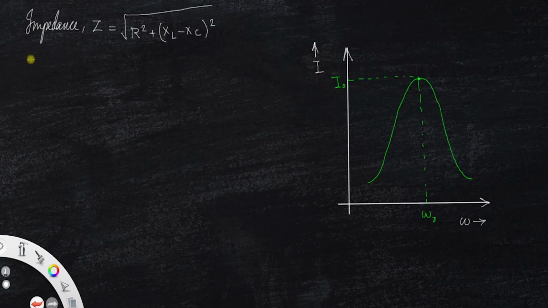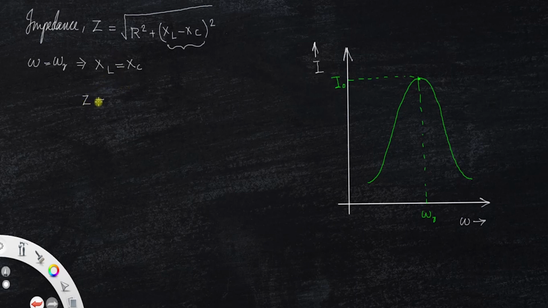But when omega is equal to omega r, the inductive reactance is equal to the capacitive reactance, so XL minus XC equals 0.